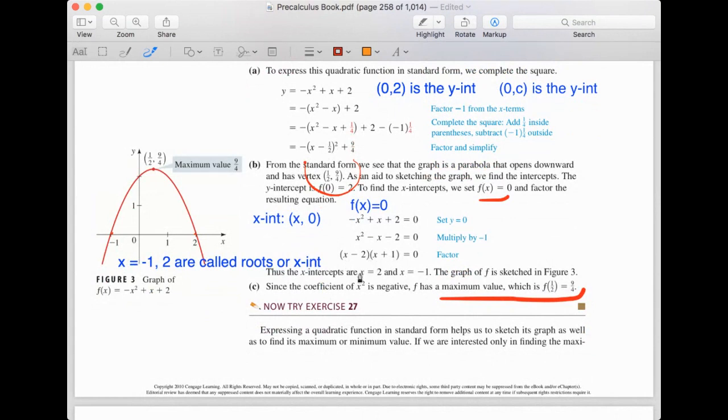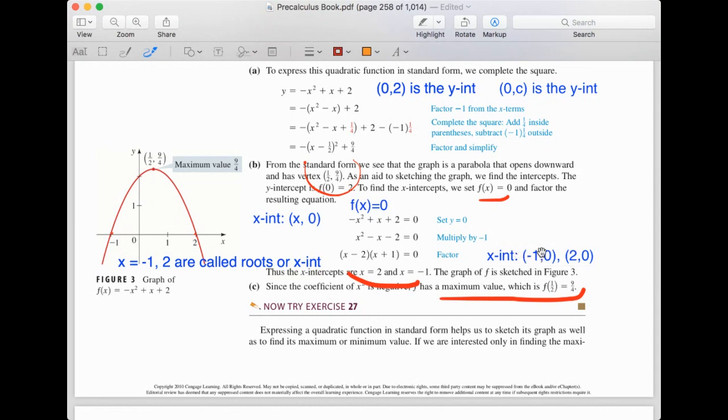Then we solve this, we get two solutions, right? X equals 2, since 2 minus 2 is 0, is one solution. X is negative 1, since negative 1 plus 1 is 0, is the second solution. So we get 2 x-intercepts: negative 1, comma 0, and 2, comma 0.